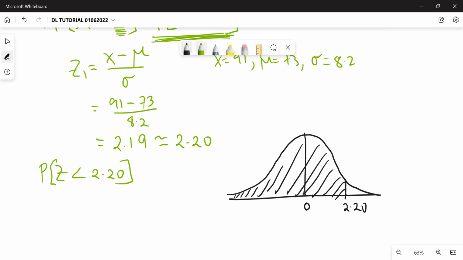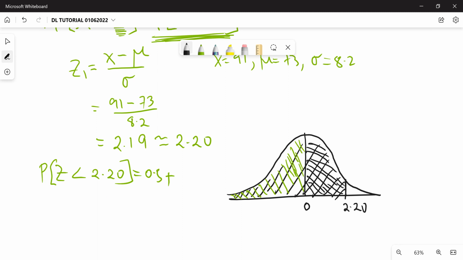And due to the nature of the table that we are using, we know that the area from minus infinity up to this point, that is half. So we can write 0.5. Then from the tables, we look for the part that is shaded in black now. This part you get from the tables. So you go to your tables and look for the probability or area corresponding to a Z value of 2.20.